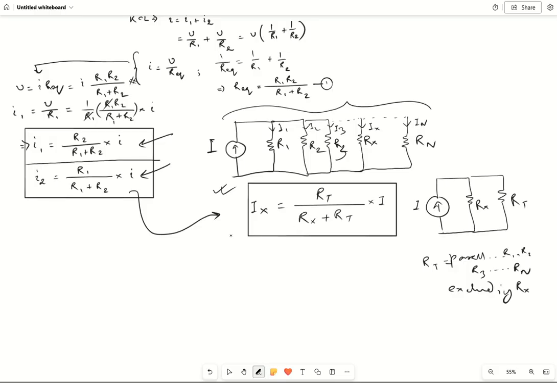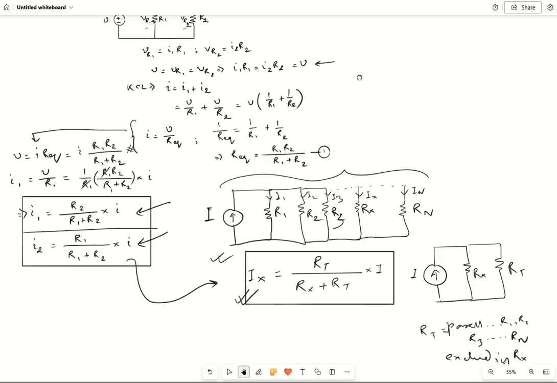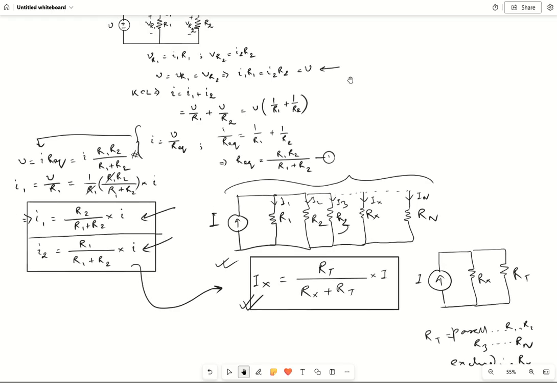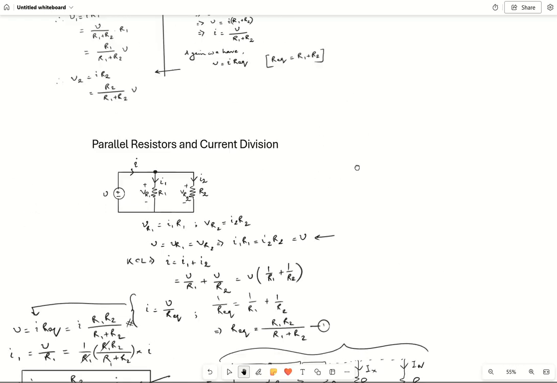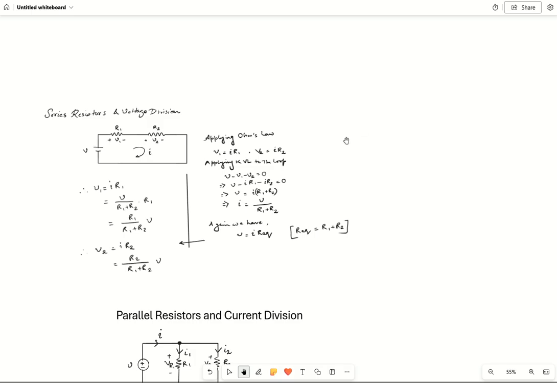So mainly we will be following this formula, and we have to write it as the other branches divided by the total, multiplied by your current. Okay, so now let us move on to series resistors and voltage division.